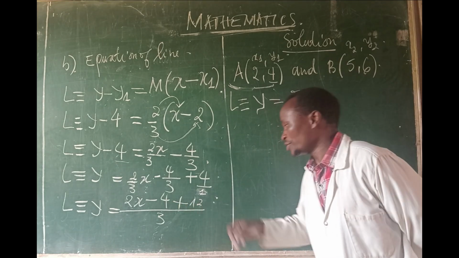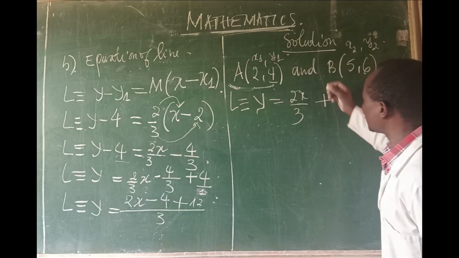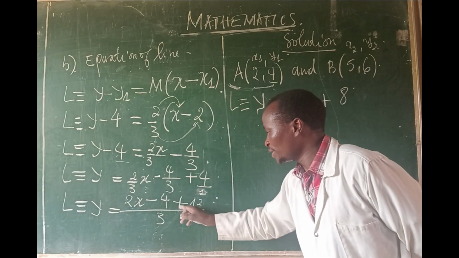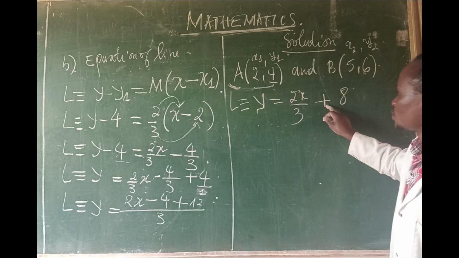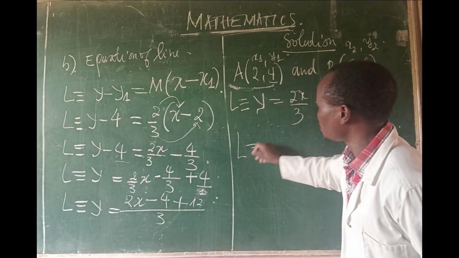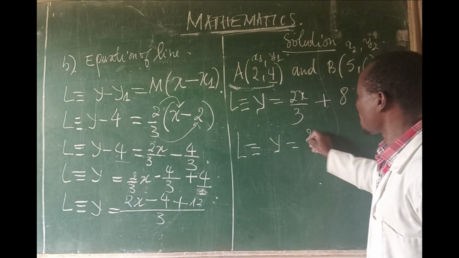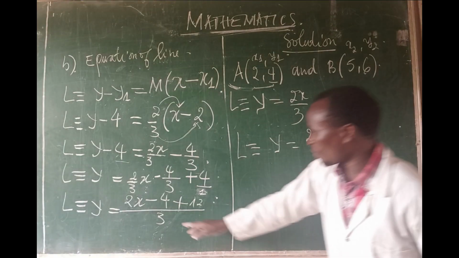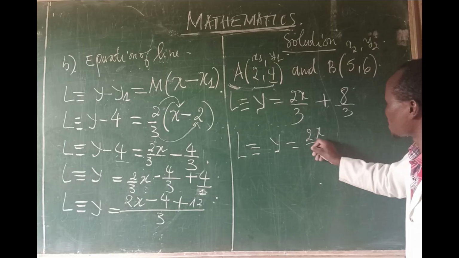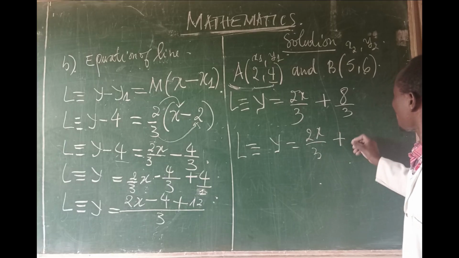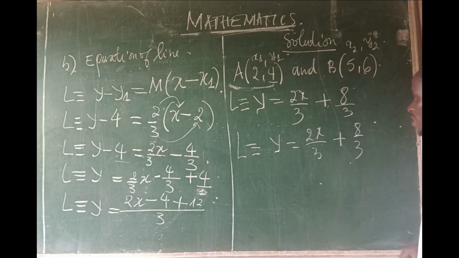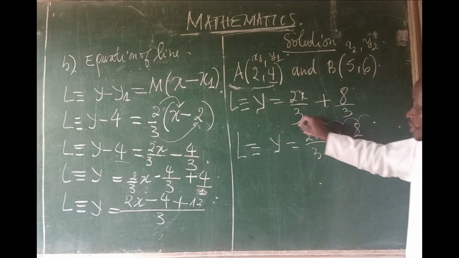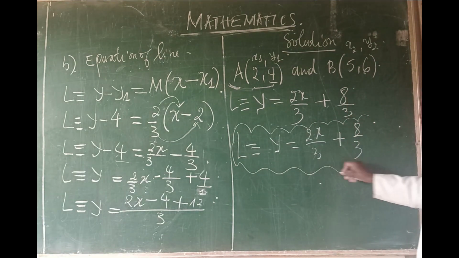The biggest number here is 12. Subtract, remaining with 8. Where we have the biggest number, there is a positive. So now our equation of line is y equal to 2x over 3, the common denominator that we have done, plus 8 over 3. So this is the final equation of line.